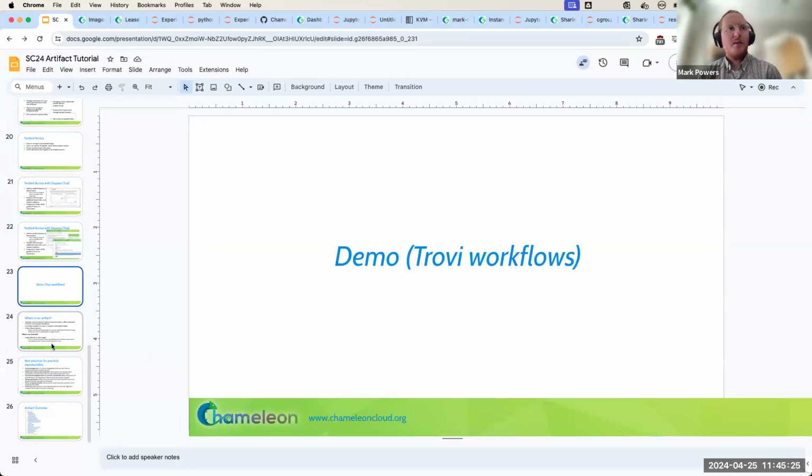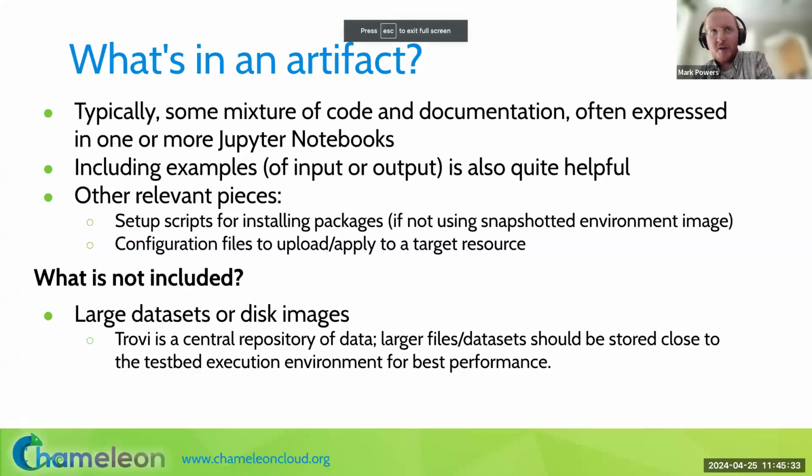But let me talk through maybe a bit more of best practices for creating these artifacts. So far, everything I've shown, the artifacts are all mostly code and documentation. I haven't bundled any libraries inside of it, and I haven't added any data sets into my artifacts. Typically that's for best performance, since these Jupyter environments are not part of the high power Chameleon resources.